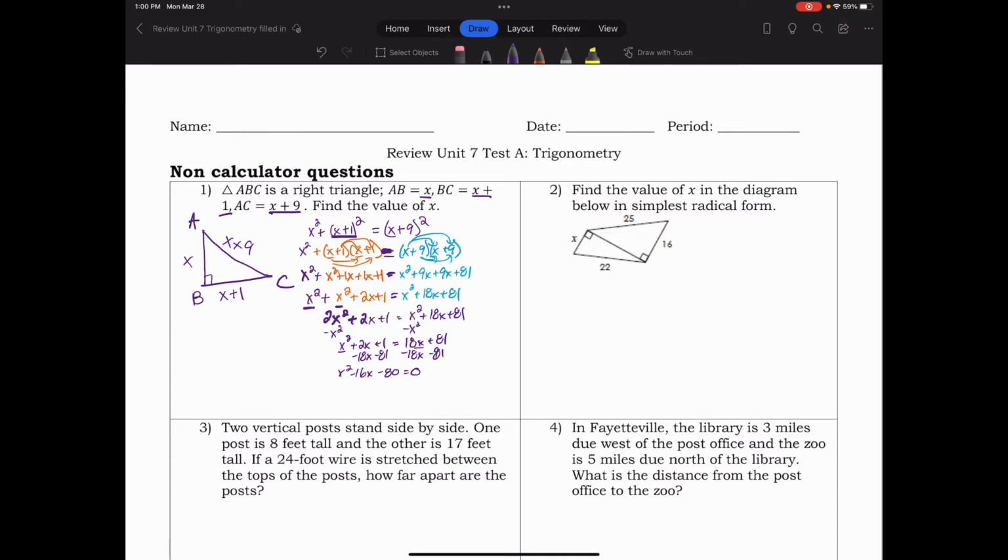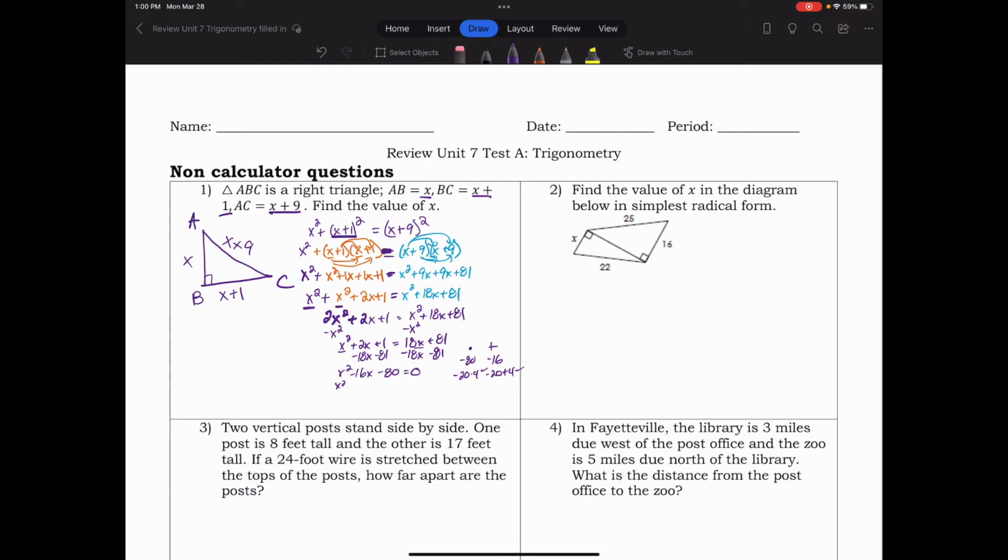Now I go through my factoring process. I'm looking for two numbers. They have to multiply to be negative 80, and they have to add to be negative 16. So you think about the numbers, negative 20 times 4 and negative 20 plus 4. So those are our two numbers.